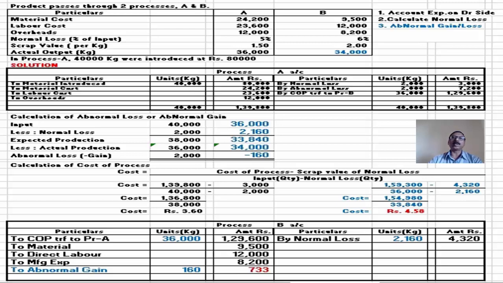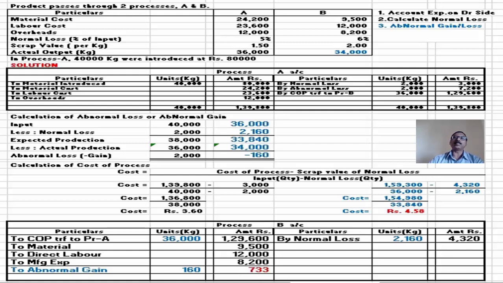And what is the normal loss quantity? 2,160. So the ultimate calculation is that cost per unit in process B is 4.58. Now we calculate the abnormal gain amount: 160 multiplied by 4.58. Sometimes we may have rounding errors, but whenever you write the amount in a total column, you can round off to the nearest rupee.